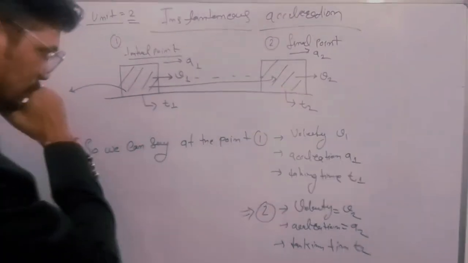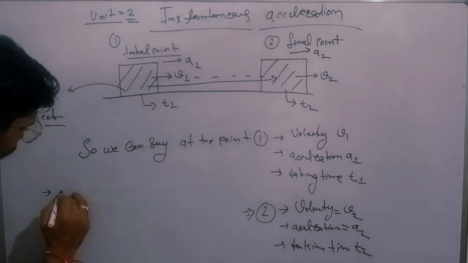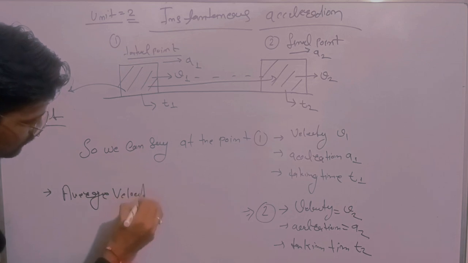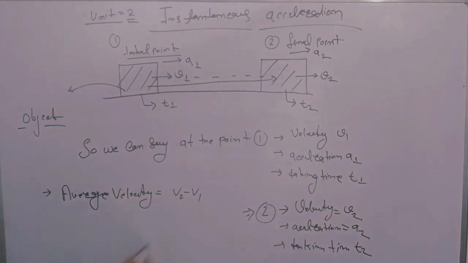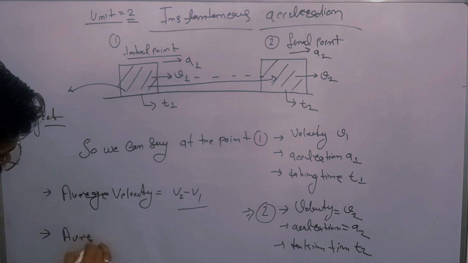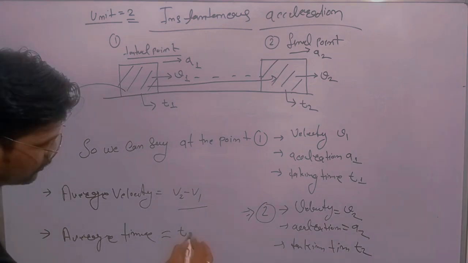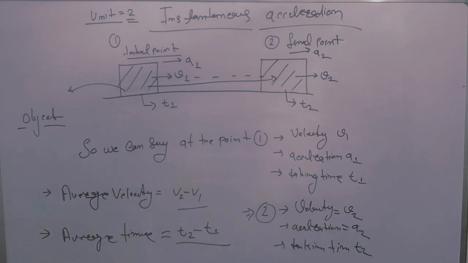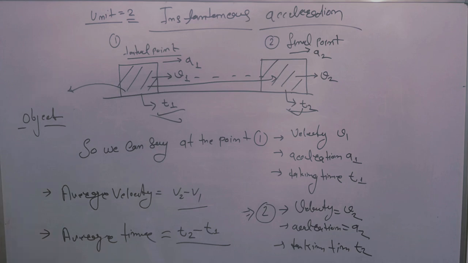This block is moved in the x direction. So the change in velocity is v2 minus v1, and the change in time is t2 minus t1, from the final position to the initial position.